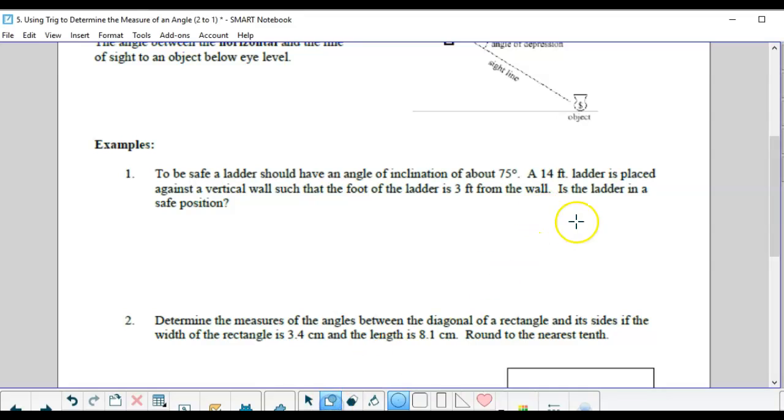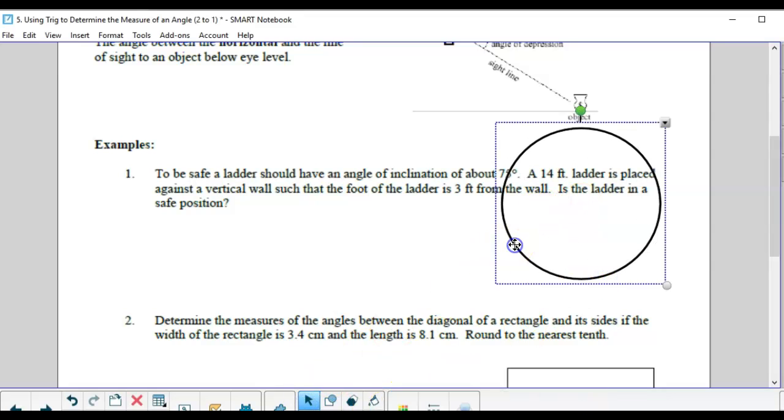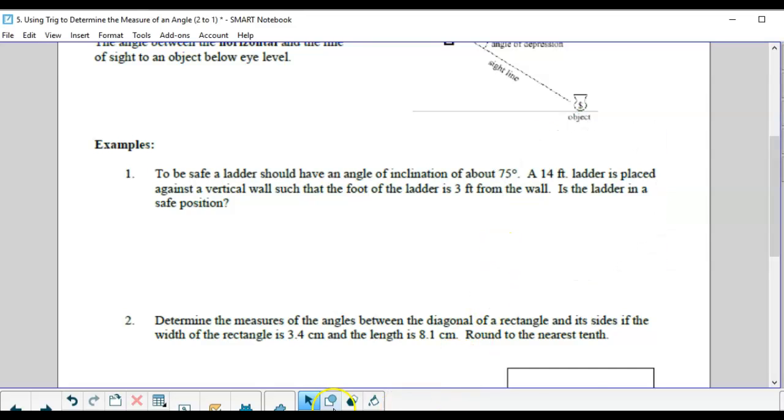So I'm going to, oh, that's not what I wanted to do. Just a sec. Rectangle. So here's the wall. There's the ground.